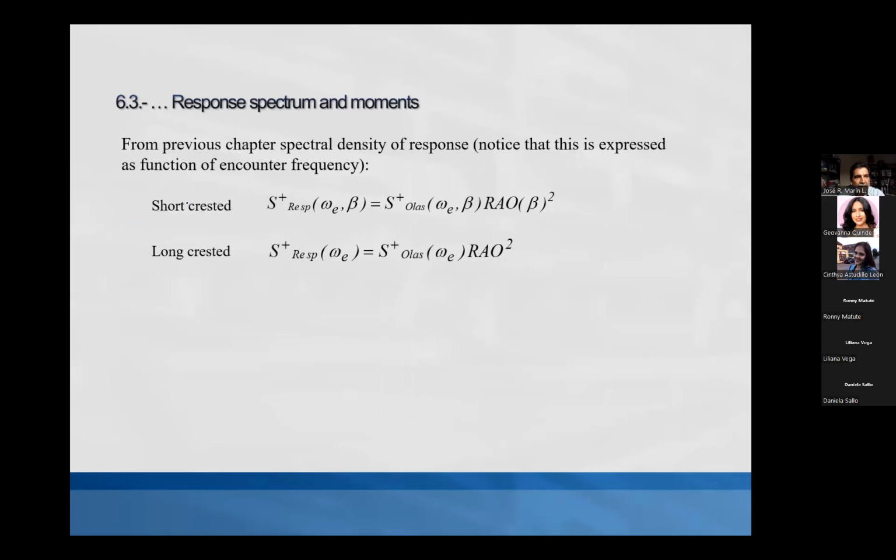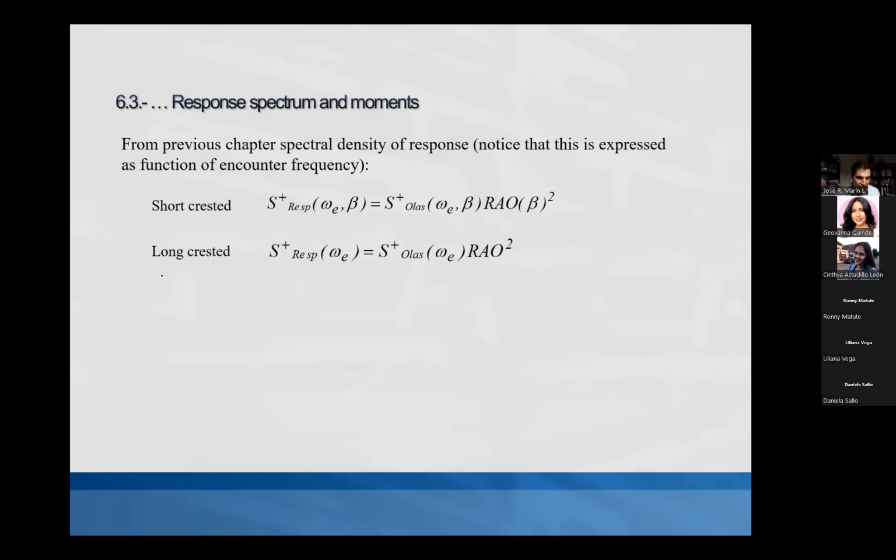What do we mean by that? Short crested means that the wavelength is kind of short, and that you receive waves from different directions. On the contrary, a long crested sea means that the waves are very long, so basically you can assume all the waves come from one single direction.